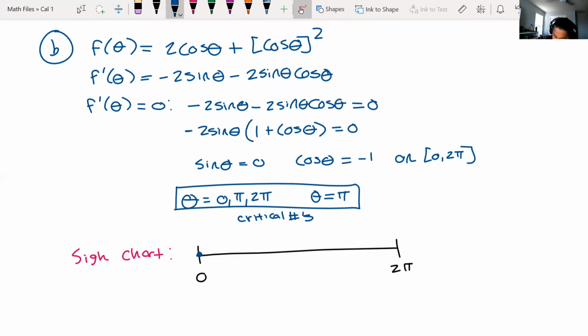And then pi over 2 is not. So I'll just put that there. But then the rest are pi. And then 3 pi over 2 is not. I made that too long, huh? I can space that out more.